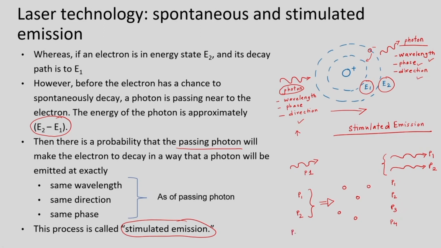So, P1 generates P1 plus P2 of the same wavelength, same direction and phase, and that again moves ahead, and we get P1, P2, P3 and P4 of the same wavelength, direction and phase. We call this the amplification of light energy.